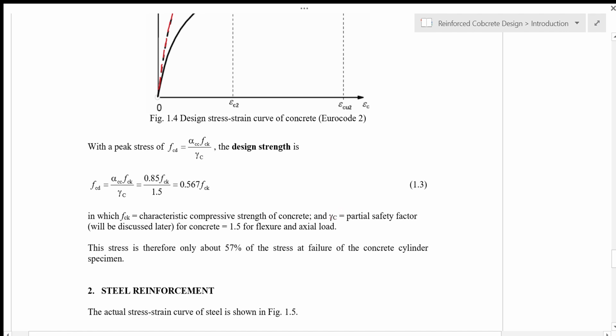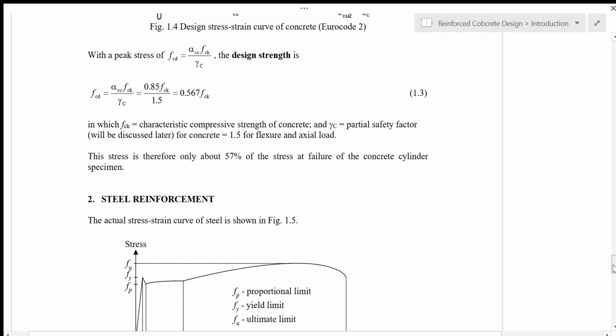Normally it is 1.5 for flexure and axial load. Meaning that the design strength of the concrete is 0.567 fck. So that means in design we are only loading the concrete until 57% of the characteristic strength before the concrete is considered failed.